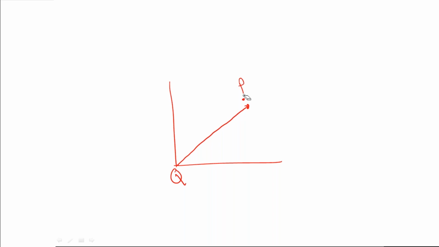Suppose I have a charge Q at the origin and a point P at some distance from the origin. This is a positive charge. I'm bringing another positive charge, small q, over here at this P.